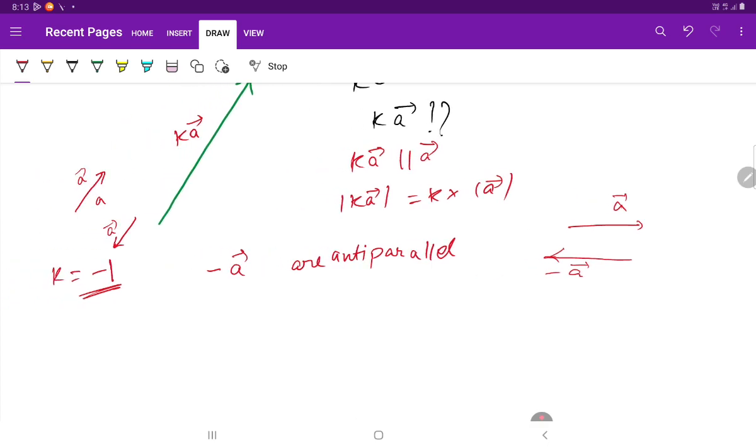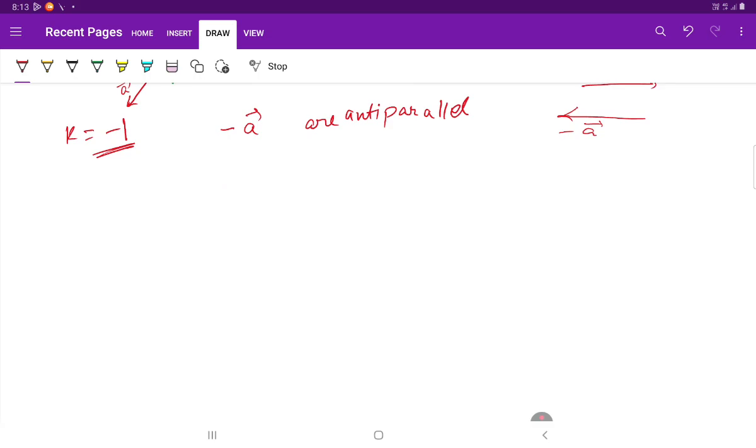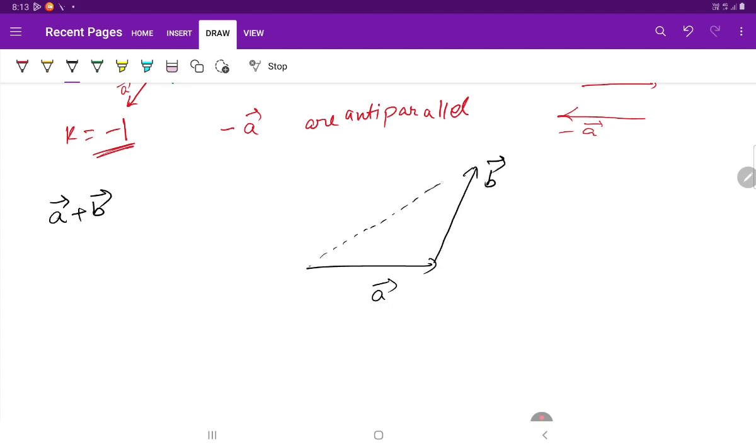This is the meaning of anti-parallelity of vectors, and this is what we use while doing the subtraction of vectors. Let me show you an example. A vector plus B vector: this is A vector, this is B vector, and the resultant I am marking with a dotted line is A vector plus B vector.